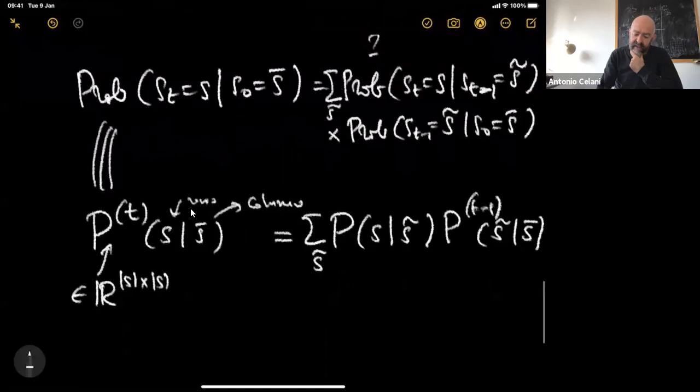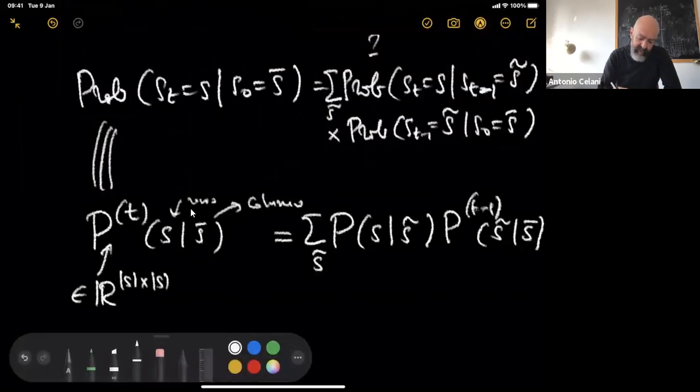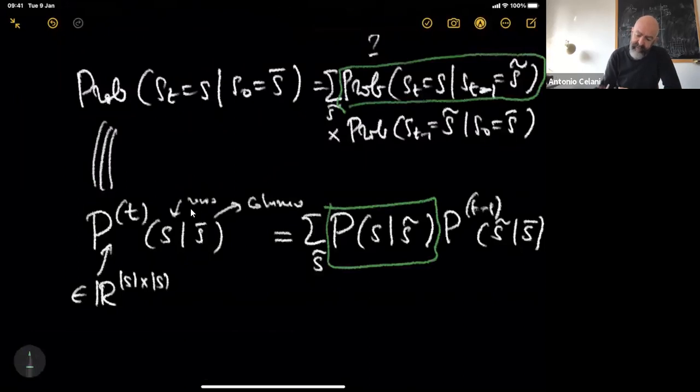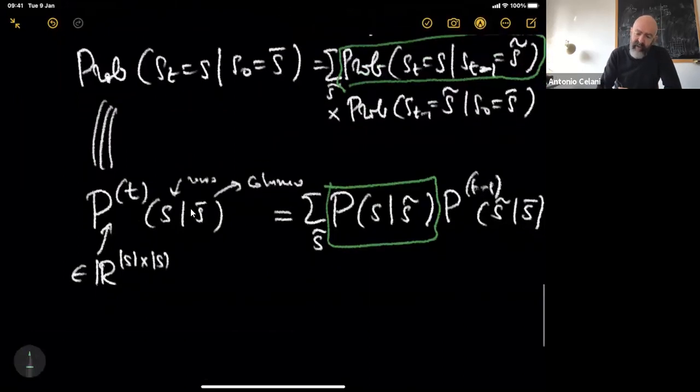But then you realize here that this thing is defined by this, so this object here is what I'm redefining here, like this. But you realize that this is a product of matrices.